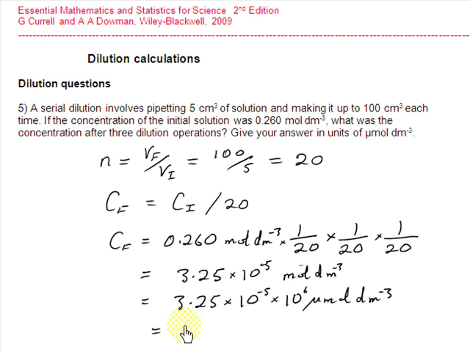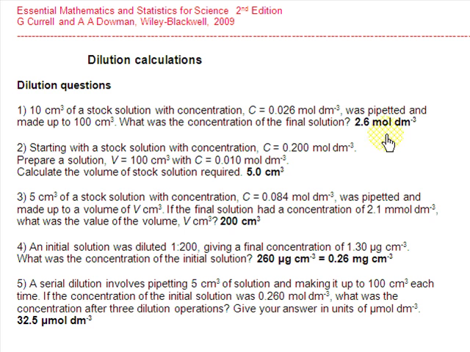So we will have a final value of 3.25 times 10, 32.5 micromoles per decimeter cubed. And this gives us the answers to the 5 dilution questions.